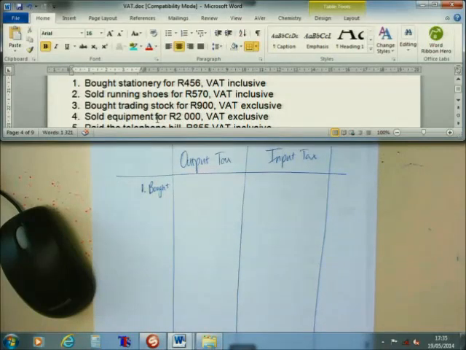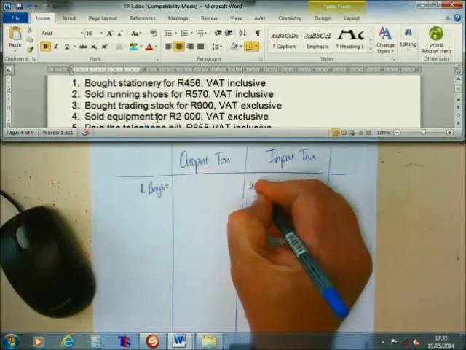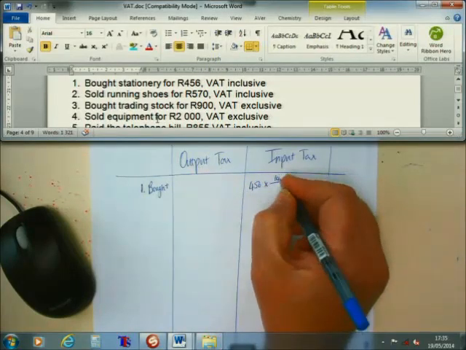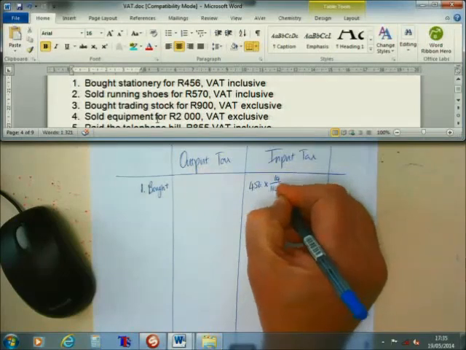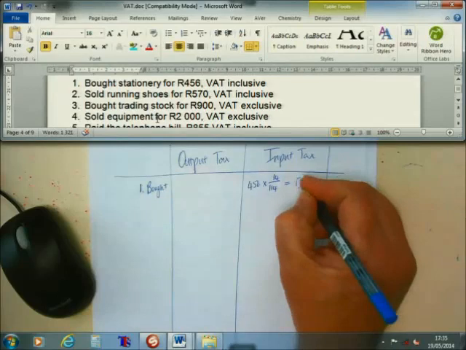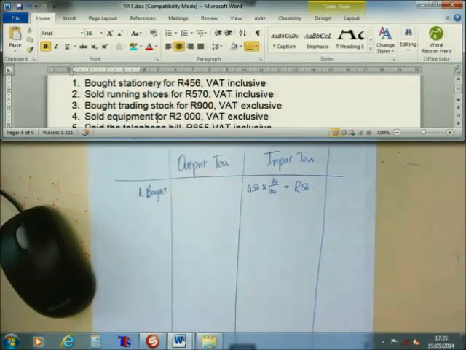The amount was 456 VAT inclusive. 456 times 14 over 114 gives you 56 Rand input tax.